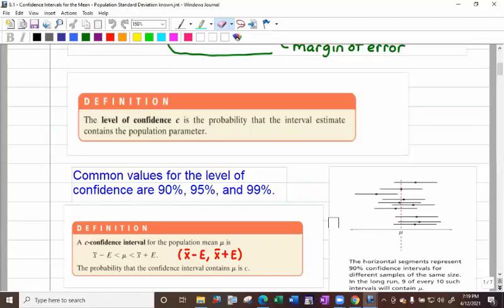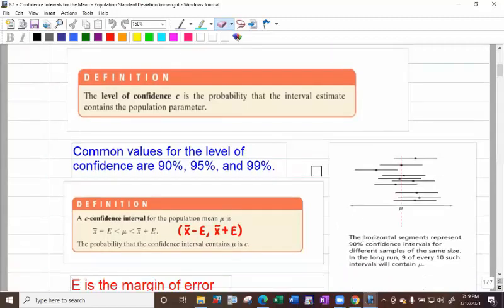Now, this little graphic on the right, you're not going to have to be worried about constructing anything like this, but let me show it to you. This one is a 90% interval. In addition to 95%, this means if you took every possible sample from a population, 90% of them are going to contain your mean.